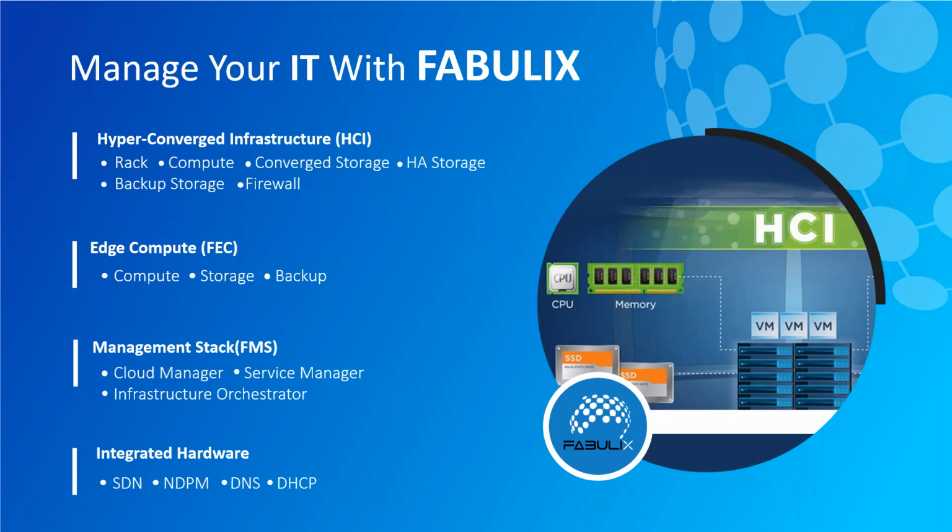So those are the two models that we have. As I mentioned, one is on-prem and another one is cloud. And for both of them, the management stack will be the same, where we have a cloud manager, a service manager, and infrastructure orchestration, which automatically resolves L1 instances, for example when a server is down.